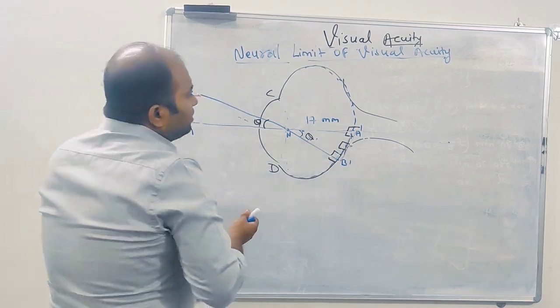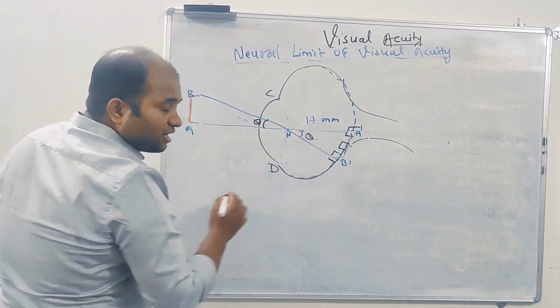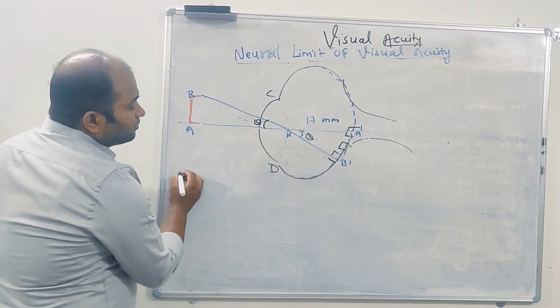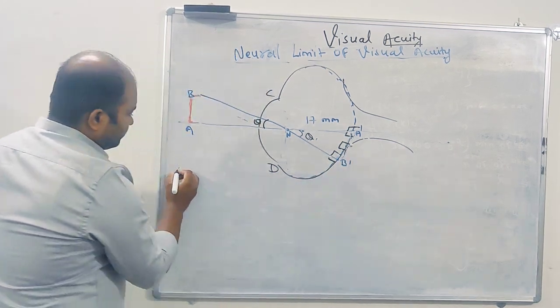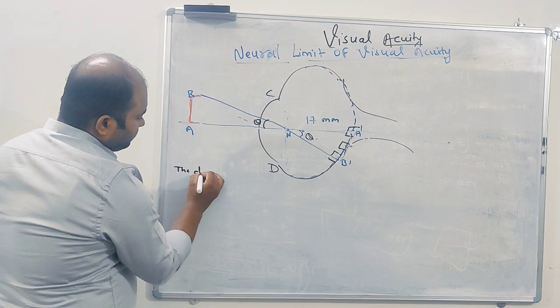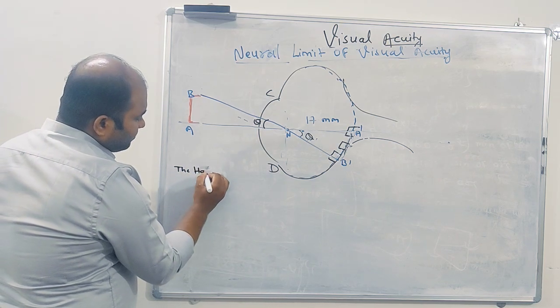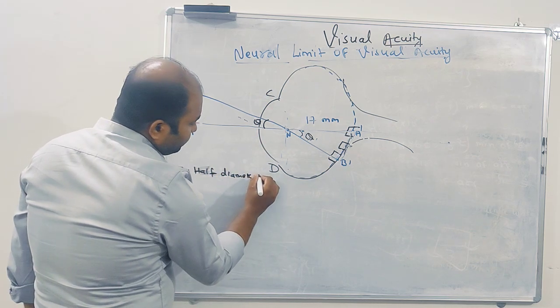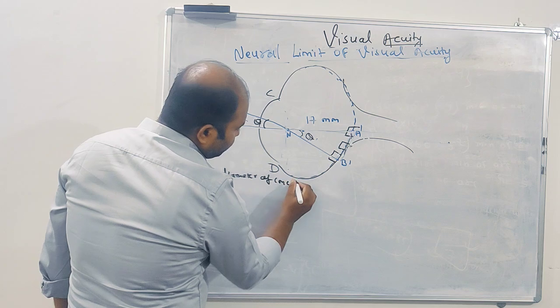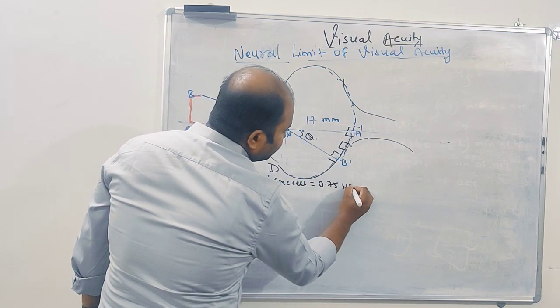So let me calculate this height first, the retinal image height. The half diameter of the cone cell is equal to 0.75 micrometer.